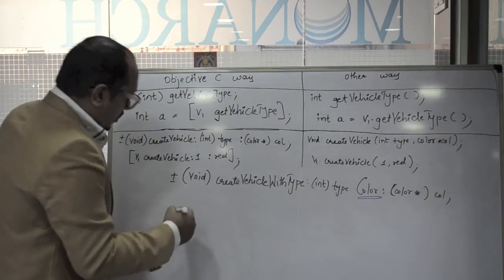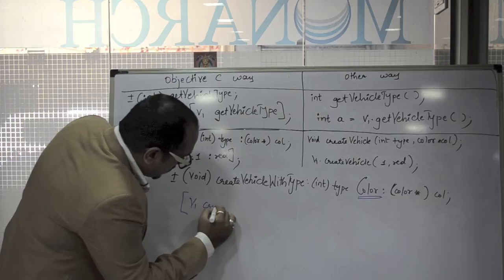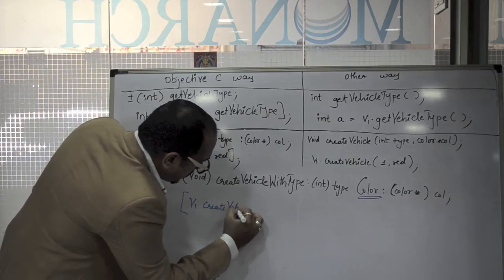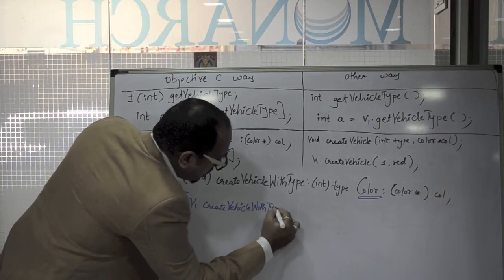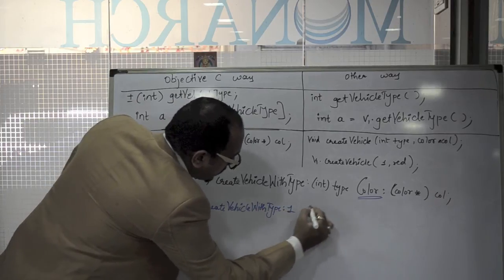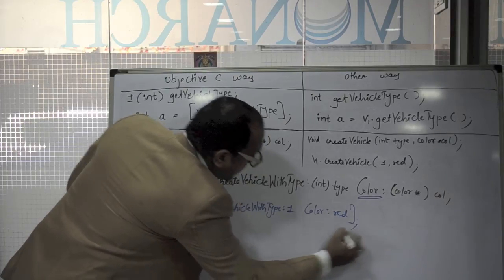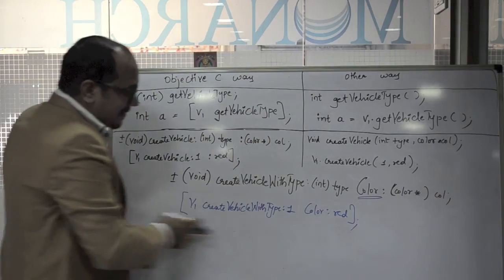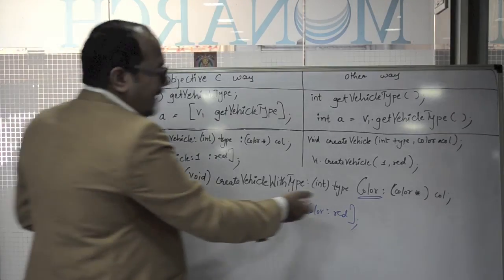So now how will it be called? I have to call this: v1 create vehicle with type 1 color red. Now at any point of time when you read this line, it's just a simple English statement which says create vehicle with type 1 and color.